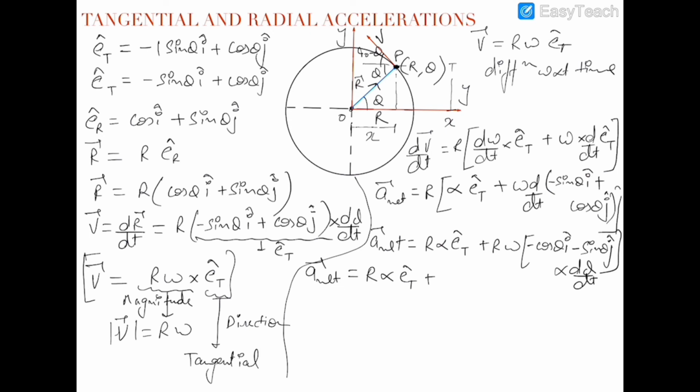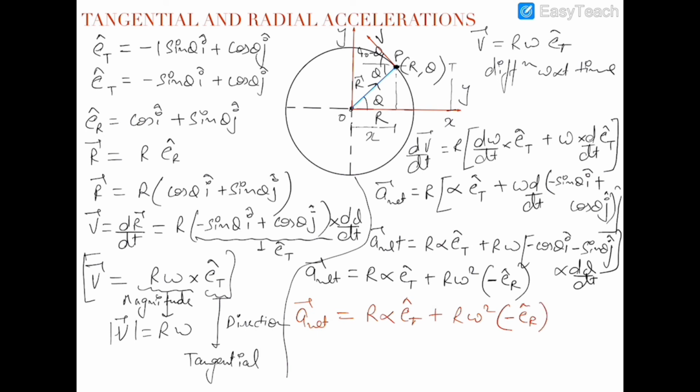So d theta by dt is again equal to omega, so it is r omega square, and this is minus of e radial. You can see that this radial vector is cos theta i cap plus sin theta j cap. Therefore, this will be the minus of radial vector. So a net will be equal to r alpha into e tangential plus r omega square into minus of e radial.